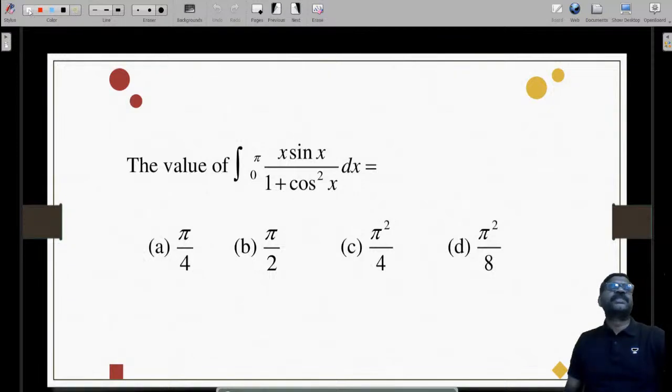Next, the value of x sin x by 1 plus cos square x.